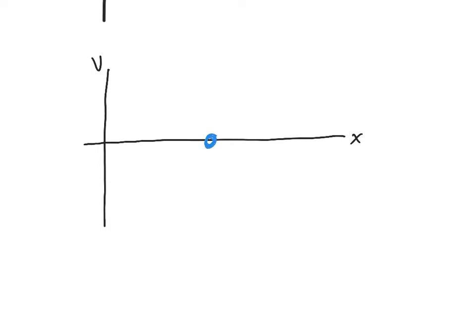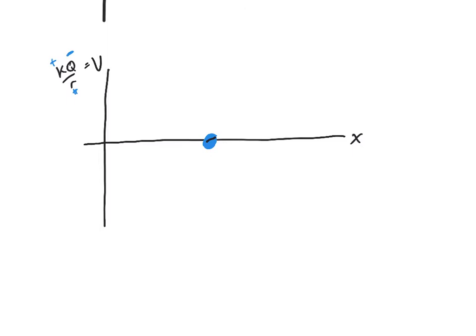Got a negative charge at this location in blue. And voltage is equal to KQ over R. K is positive, R is positive, but Q is negative.